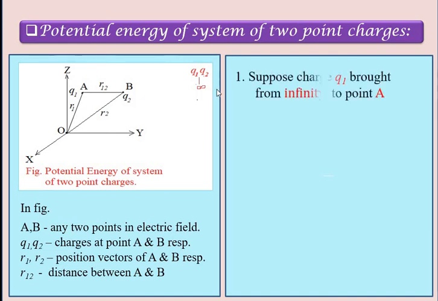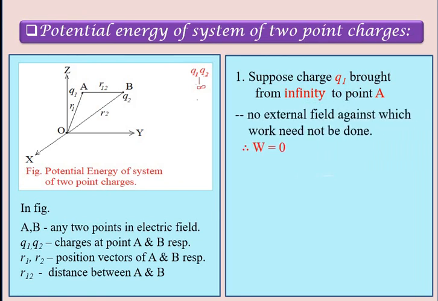Suppose the charge Q1 is brought from infinity to point A. There is no charge to oppose the charge Q1. Therefore, no work need be done against an external field.